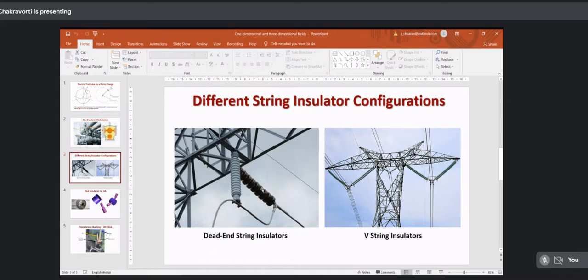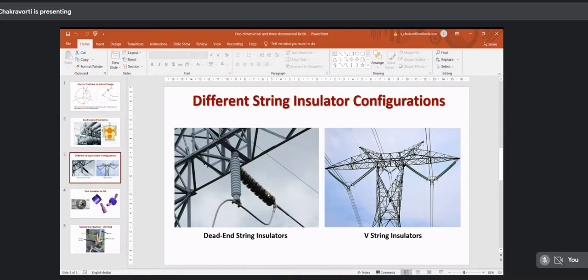So this is the end of the line. This is called the dead end string insulators, and this is a very specific arrangement. Now, if you look at the two strings, this is, by the way, a ceramic insulator. This is a, what is that called? Composite insulator, the white one, and that brown one is the ceramic insulator.